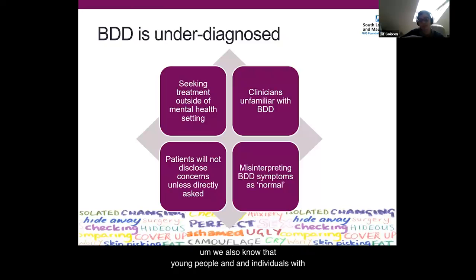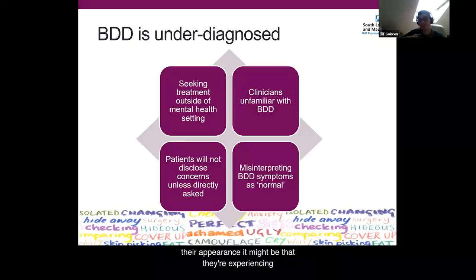We also know that young people, and individuals with BDD more generally, find it really hard to talk about their appearance concerns unless they're directly asked about it. This is for lots of different reasons. They might be worried about being judged, or about being vain when they talk about worrying about their appearance.